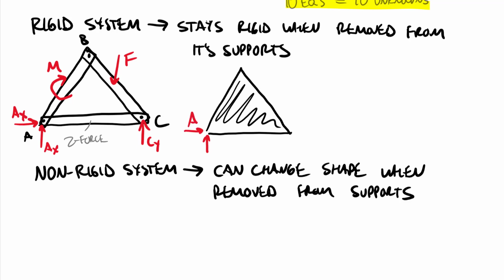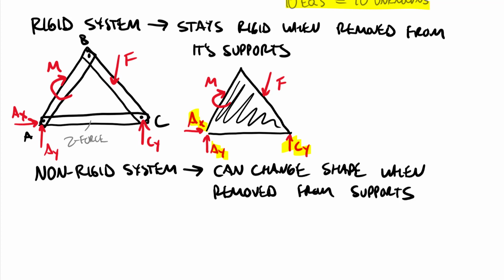Sorry, I flipped these labels here. It doesn't technically matter for my example, but AX, AY, CY. Here's my applied forces still of F and this couple, that moment applied right here. And then basically you can solve for AX, AY, and CY as a single rigid body, then break it into pieces and solve for the interaction forces.